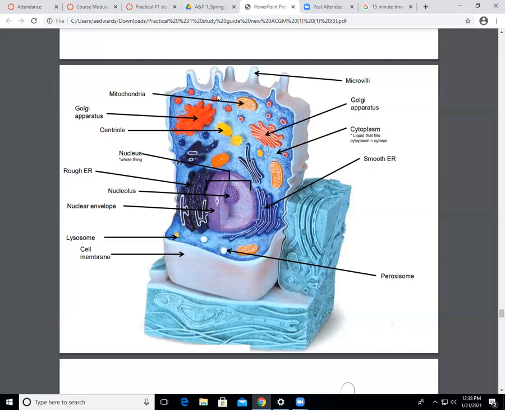All right. Now, at the rough ER, or if it just finds a ribosome, that RNA, in the process of translation, is used to make protein.